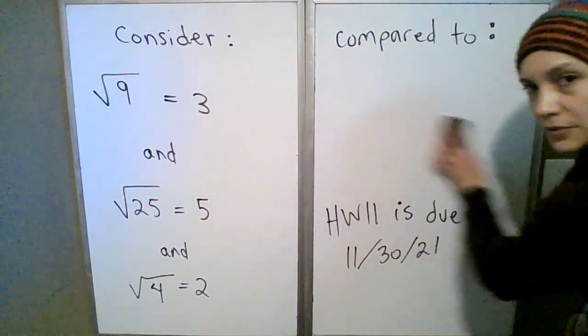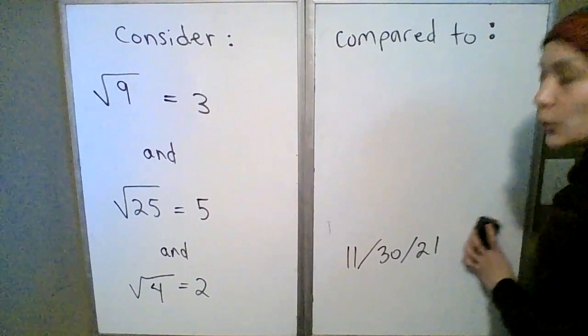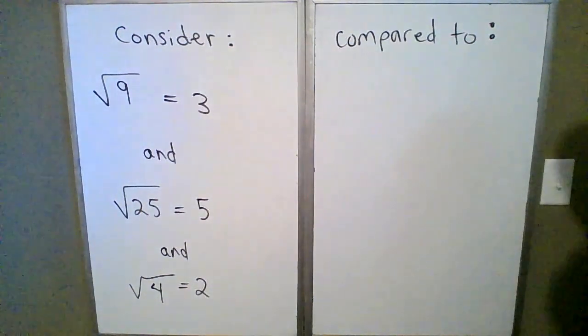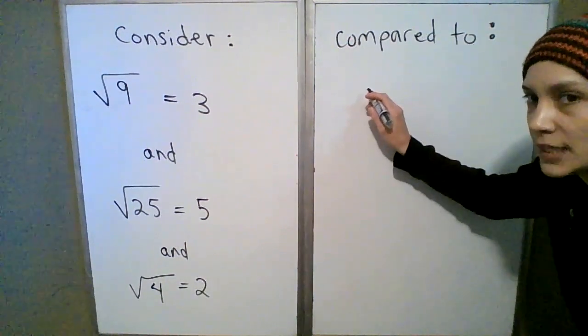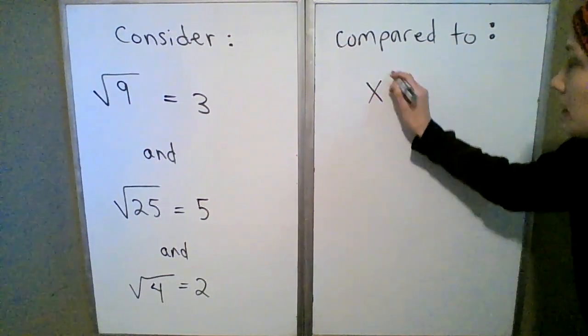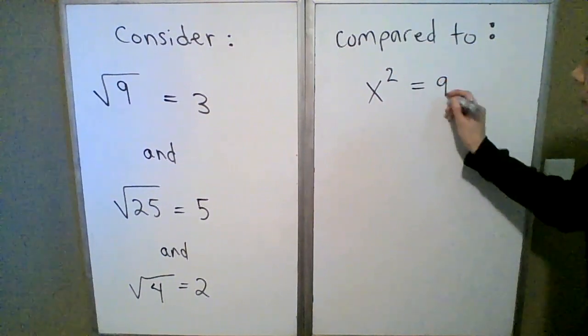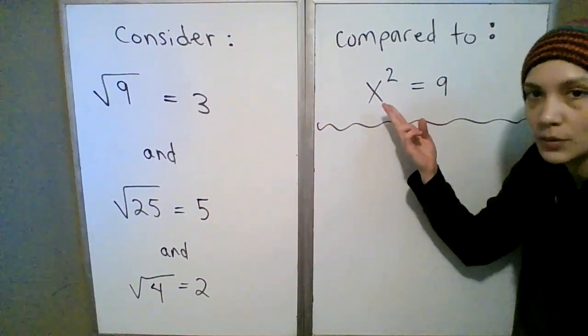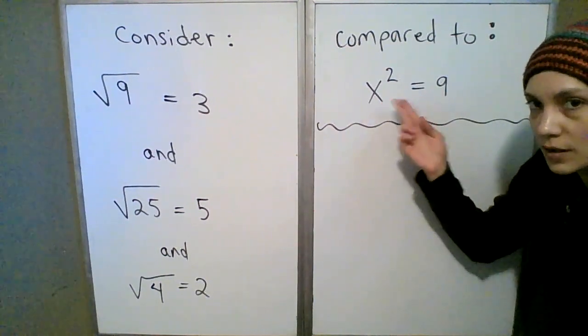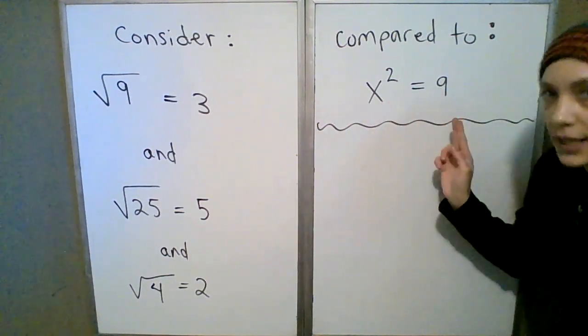Okay, this is something sort of different. It's not just a number, it's an equation. So what you're given is, let's do x squared equals 9. Okay, so let's say you're asked to solve for x when you have x squared equal to 9.